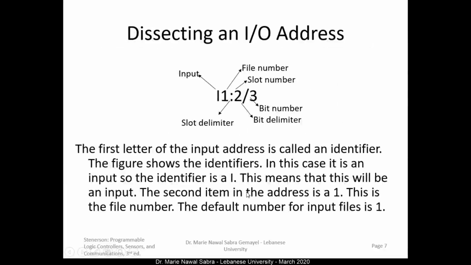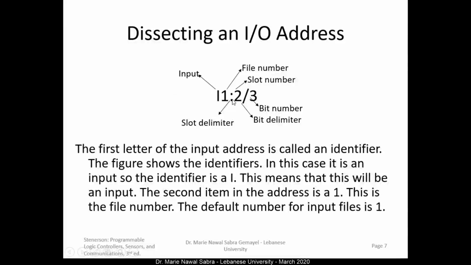If I look at an address like this one, I have a lot of numbers. The first is the identifier and the file number, so it's I1 to identify that it is the input. I have then what we call the slot delimiter.